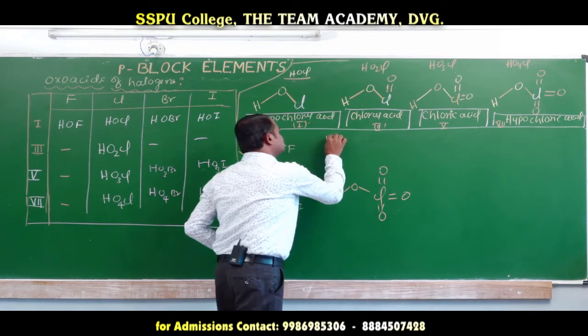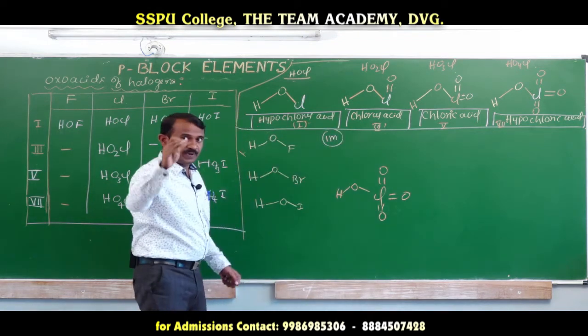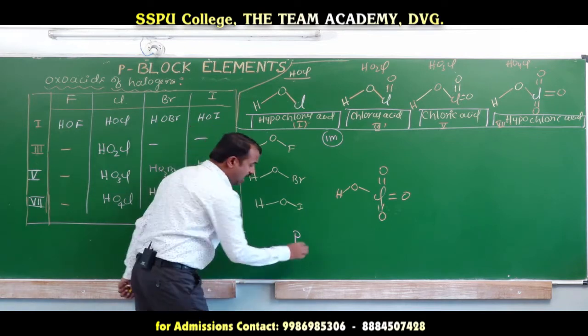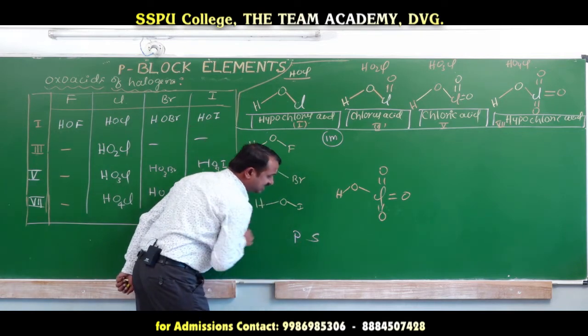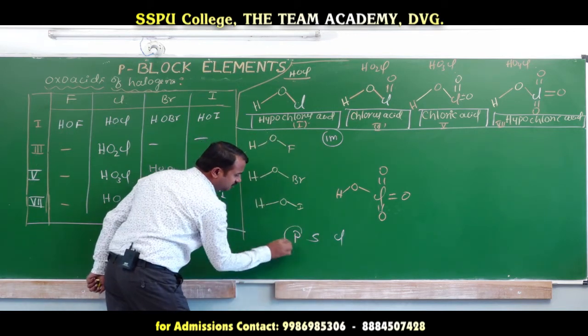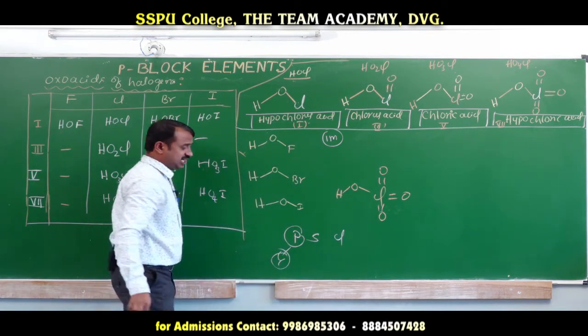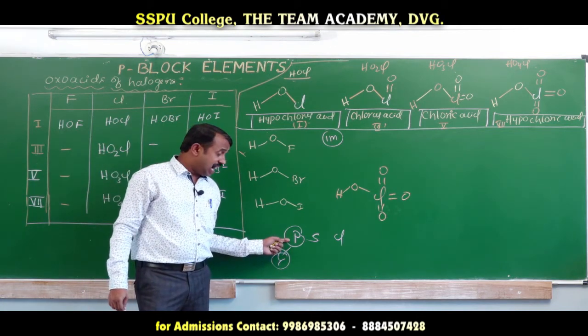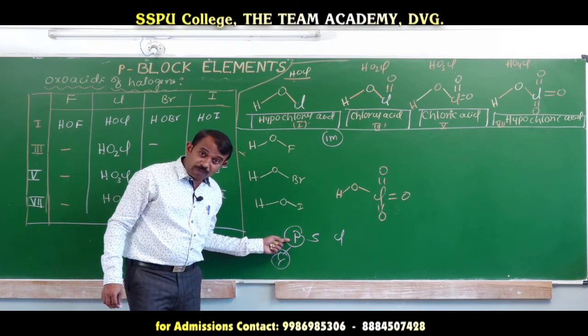They will ask a 1 mark question in the p block elements: the 15th group element is phosphorus, the 16th is sulfur and the 17th is chlorine. Phosphorus has 4 structures: phosphoric acid, phosphorus acid, hypophosphorus acid and pyrophosphoric acid, cyclophosphoric acid.